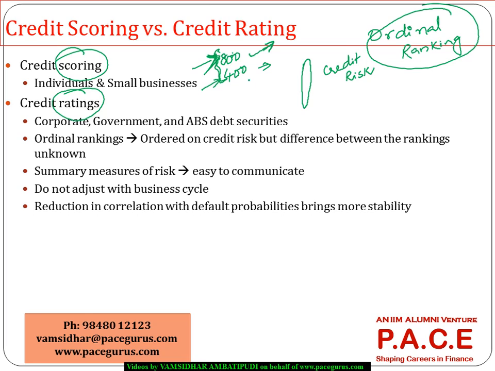You cannot use them as an arithmetic comparison, but you can very well use them as a relative comparison, saying a company with a credit rating of 800 is much more stable and better credit worthy compared to a company with a credit rating of 400. To that layer you can very well work with them.